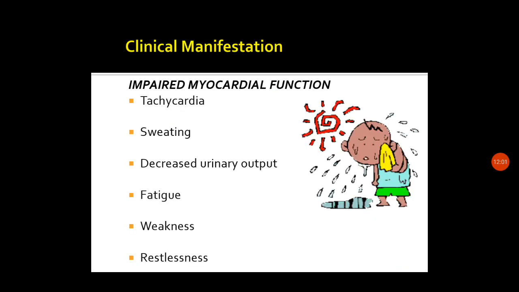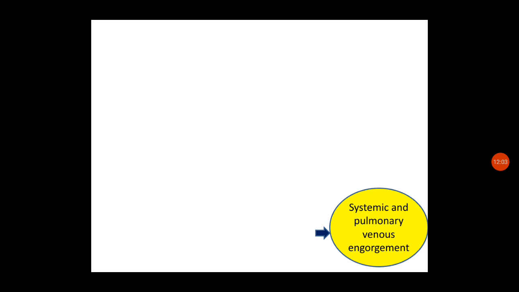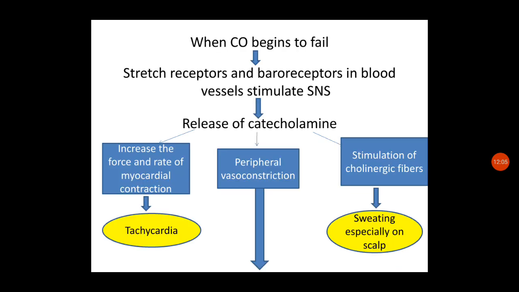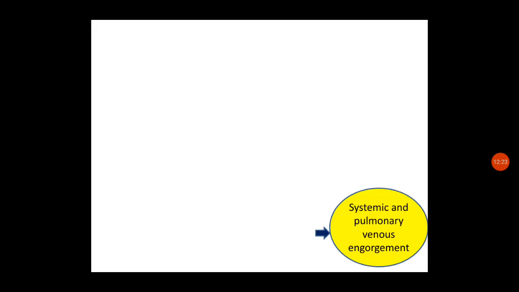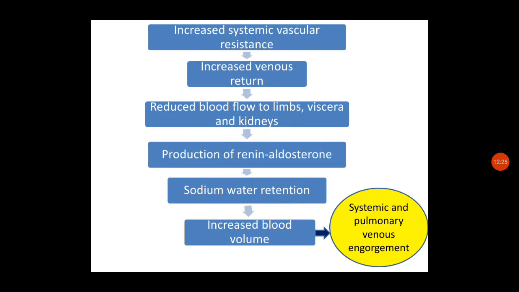So this is the pathophysiology, the compensatory mechanism, when there is a change in cardiac output. The sympathetic nervous system is stimulated and releases catecholamines. The catecholamines have three effects: myocardial contraction is increased, peripheral vasoconstriction happens, and cholinergic fibers are stimulated. These are the changes which happen in congestive cardiac failure.